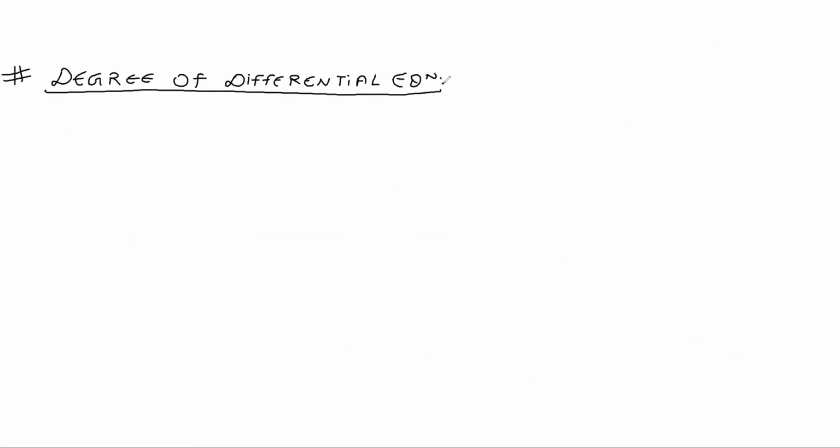Degree of the differential equation. I am now writing the definition.